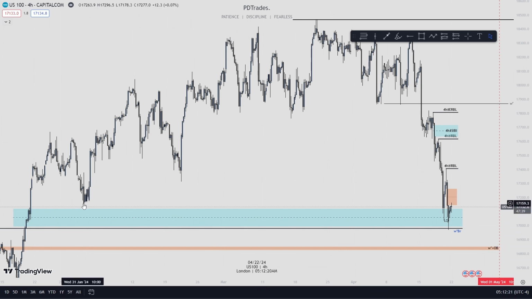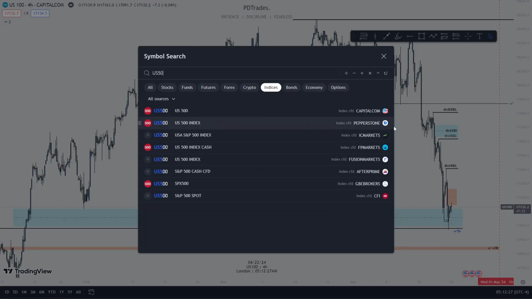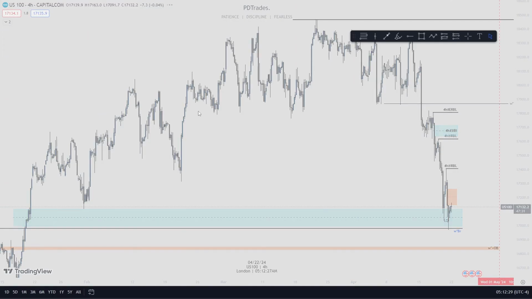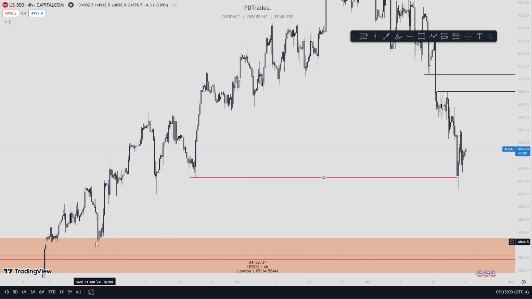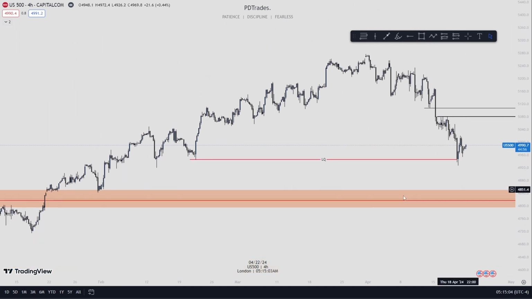Because also, if we can look, what day was this? The 31st of January. It was Wednesday. Look at the date here. It was 31st January, Wednesday. So if I go to my US 500, 30th of January. So I'm looking for the 30th of January.